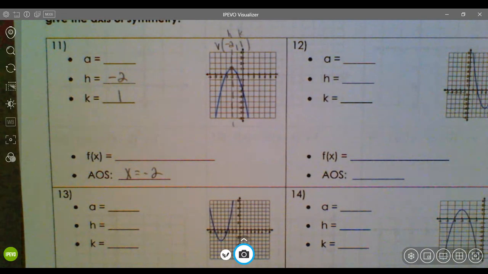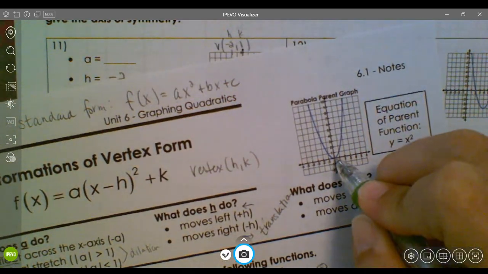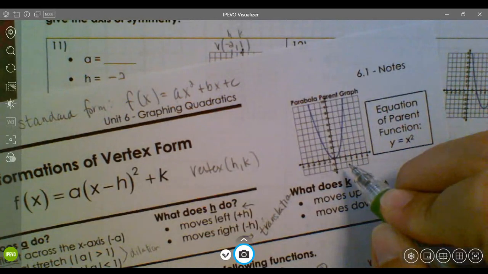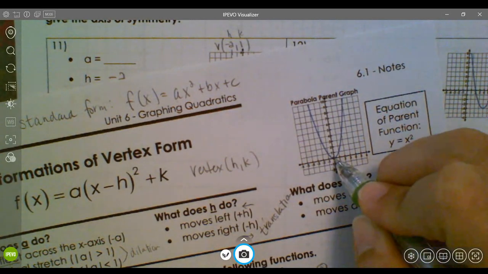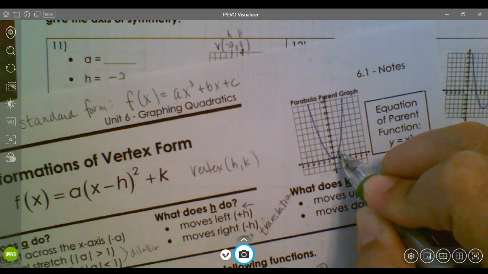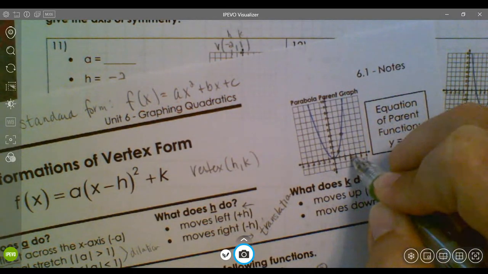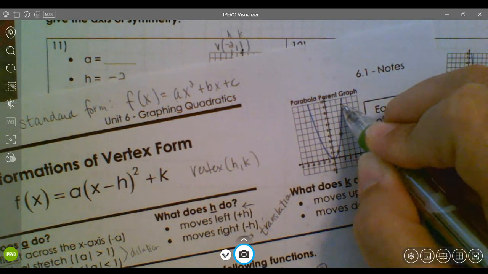Okay, now we need to discuss a. So remember when I first introduced parabolas, and I told you, in a parent function, with just the standard parabola, when you start at the vertex, when you go to the right 1, you'll go up 1. When you go to the right 2, you'll go up 4. When you go to the right 3, you'll go up 9.